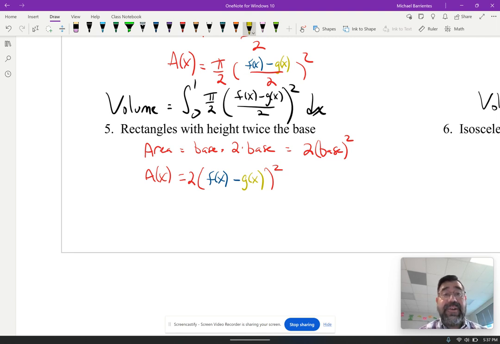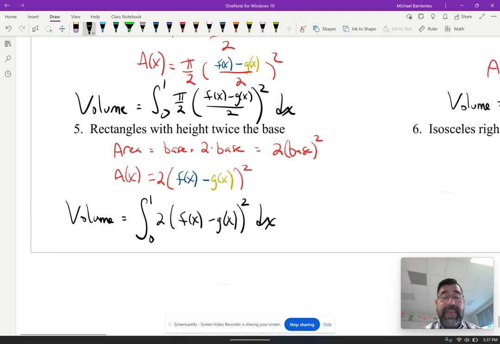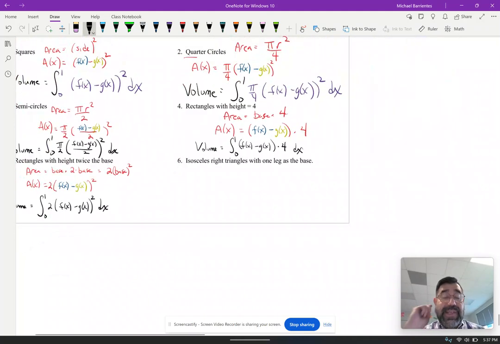And that's how I find the area at any given x value. We want the volume, so all we need to do is integrate. Volume is the integral from 0 to 1 of all of this business, squared dx. Pretty straightforward, right?